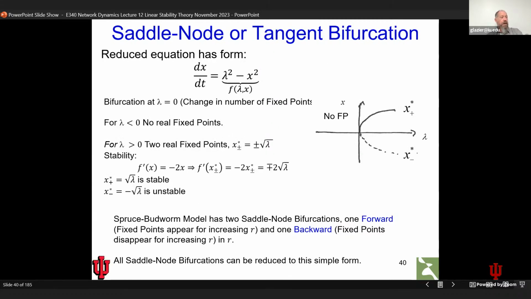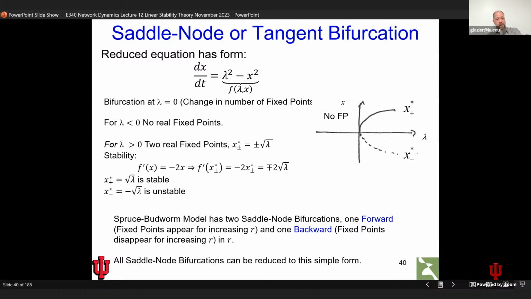And so we can plot that here like this. We say dx by dt is equal to lambda minus x squared. And we get 2 fixed points, where x is equal to plus or minus the square root of lambda. And if lambda is negative, there's no fixed point.